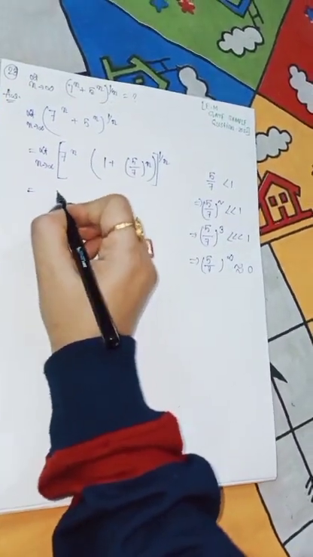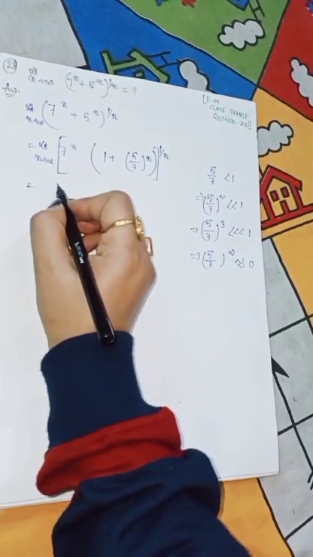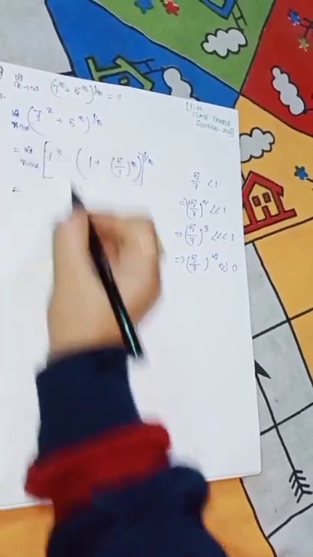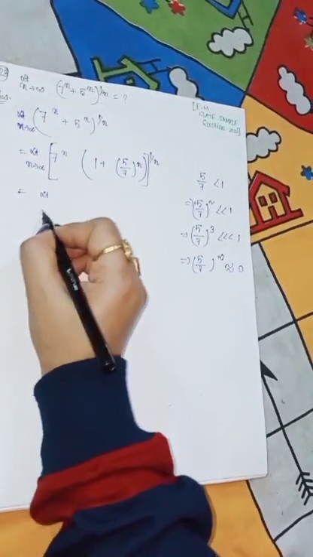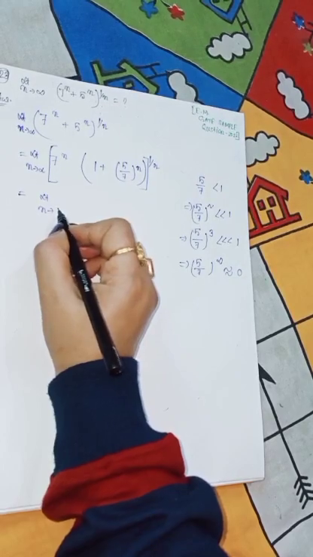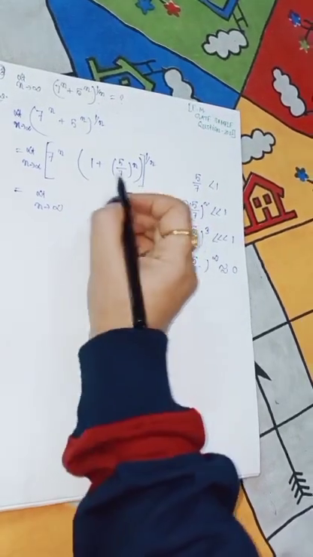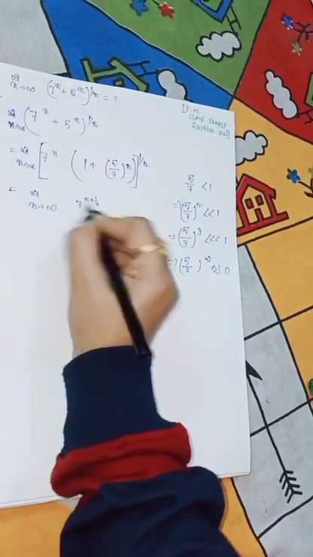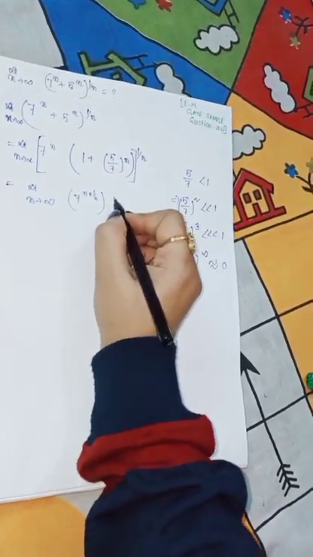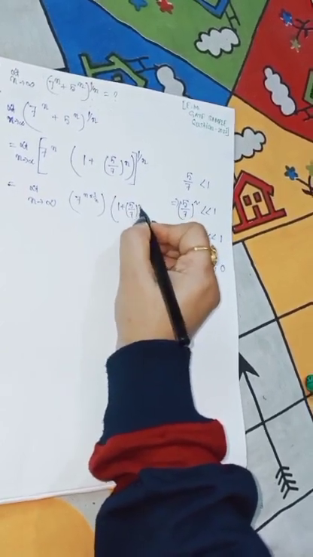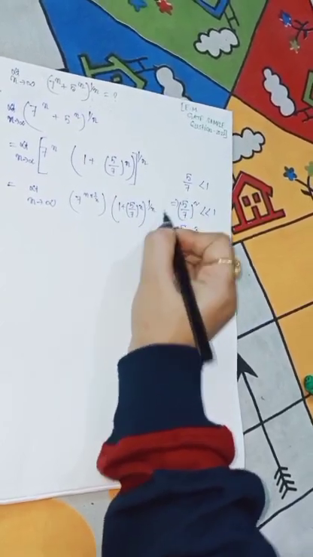Now here it is n. Limit n tends to infinity, 7 to the power n into 1 by n, just simplifying this, and (1 plus (5 by 7) whole n) to the power 1 by n.